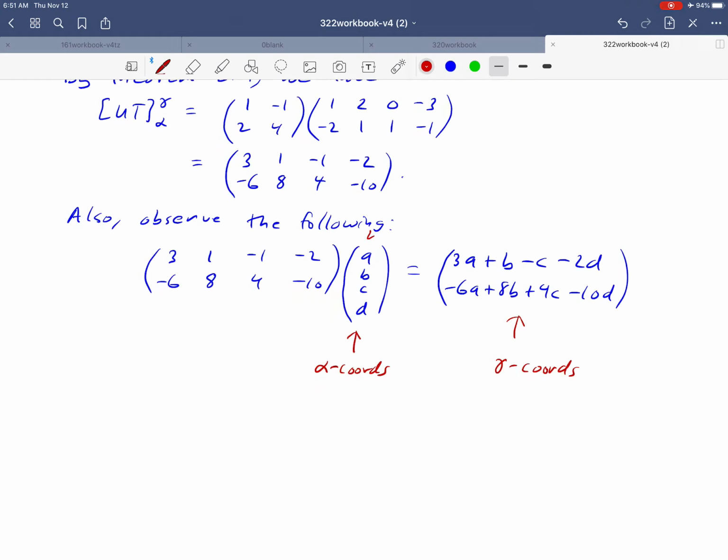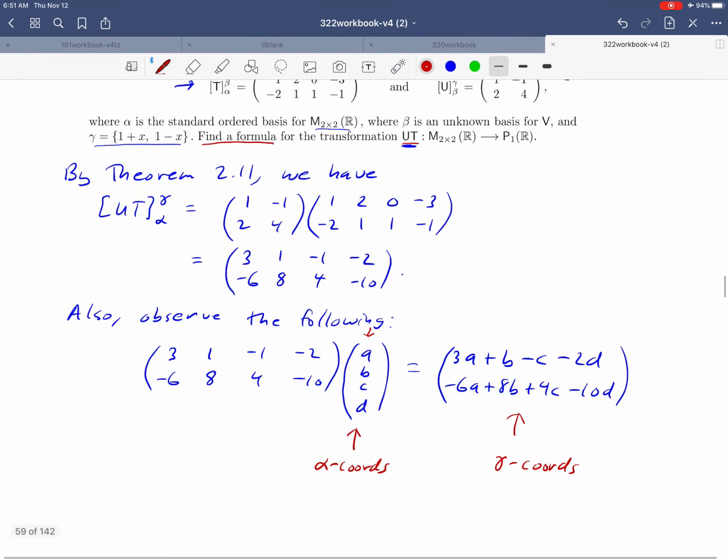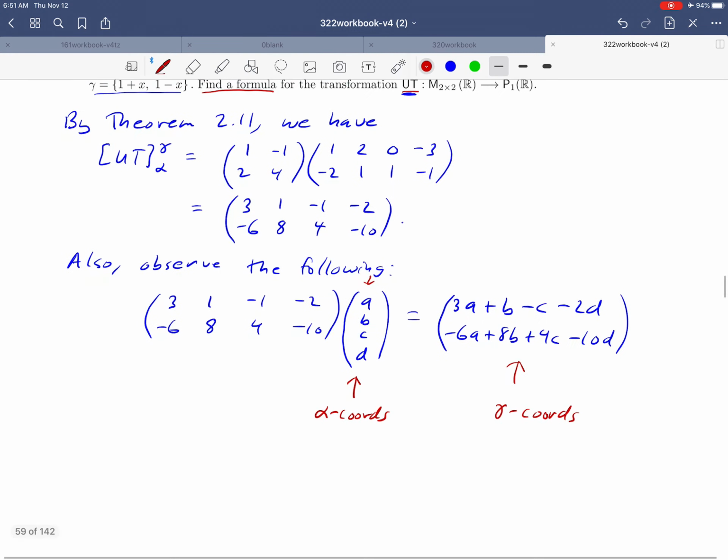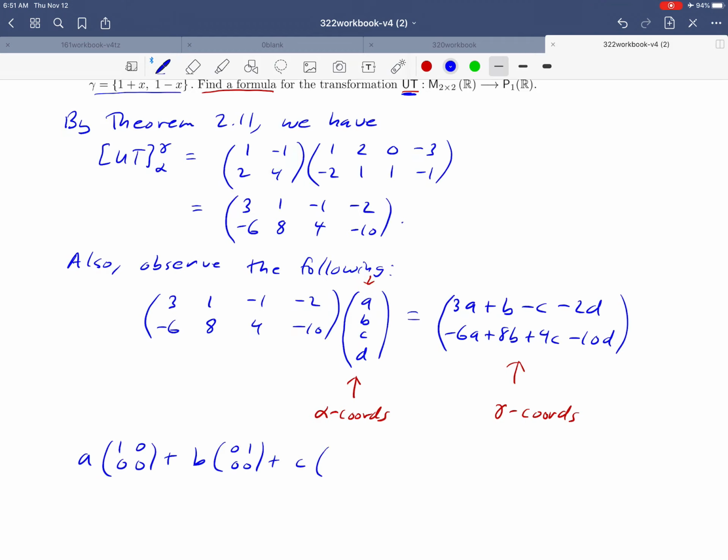So let's start with the coordinates over here, a, b, c, and d. What was the basis alpha? We can scroll up and see. So alpha was the standard ordered basis for M2 by 2 of R. And the standard ordered basis for the 2 by 2 matrices looked like, now let's just write this out, 0, 0, 0, 1.